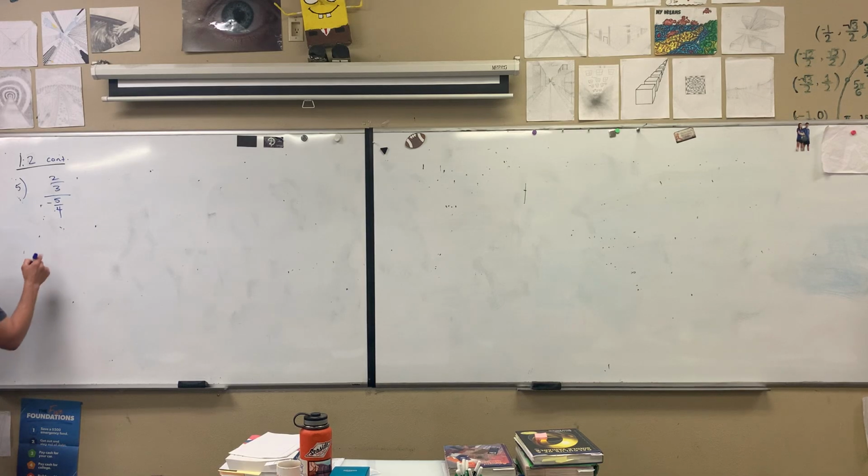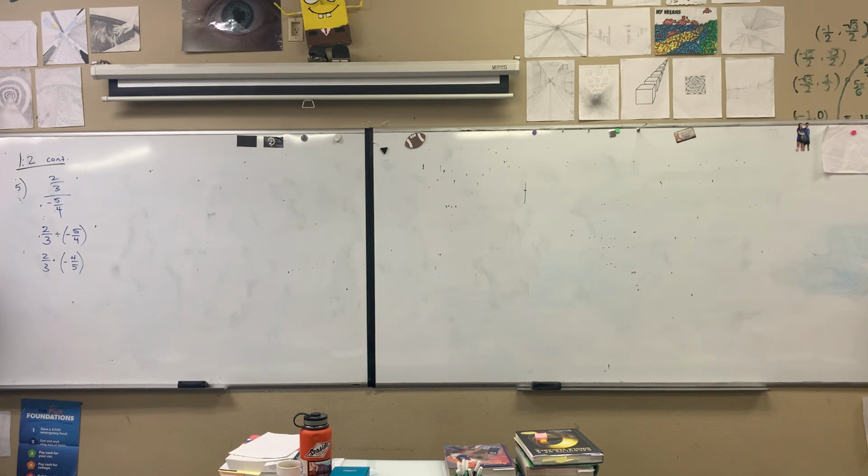I don't know if I showed this part yesterday, but if you get to a problem like that and it's a little confusing, this is what we call a compound fraction because it's a fraction divided by a fraction. So you have two fractions in there. If you need to write it that way to visually see it, do it that way. And then you can go keep it, flip it, switch it. If you want to just go directly from here down to this step, that works as well: times -4/5.